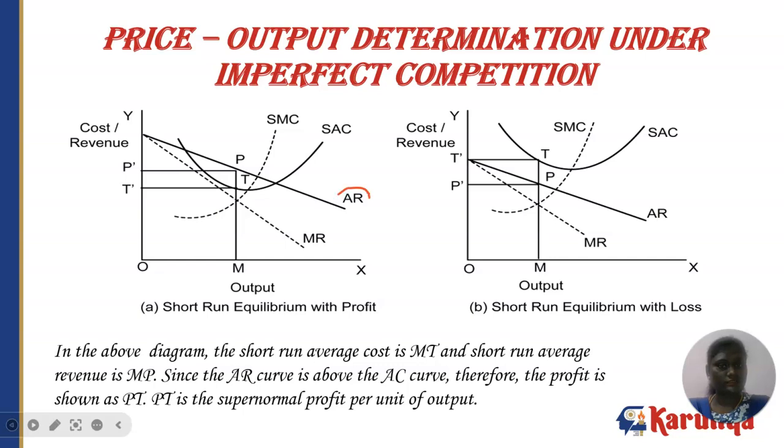This is the AR curve, which is above the AC curve. So therefore the profit is shown in the form of PT. Okay, so this is the profit, PT, the supernormal profit per unit of output.